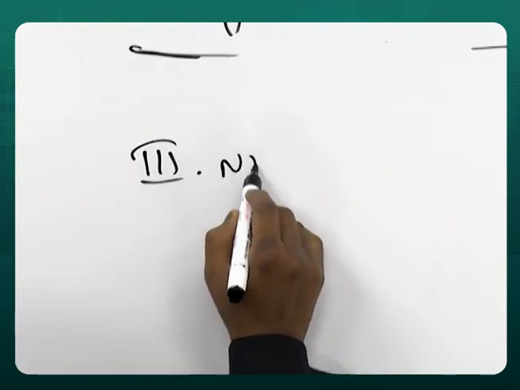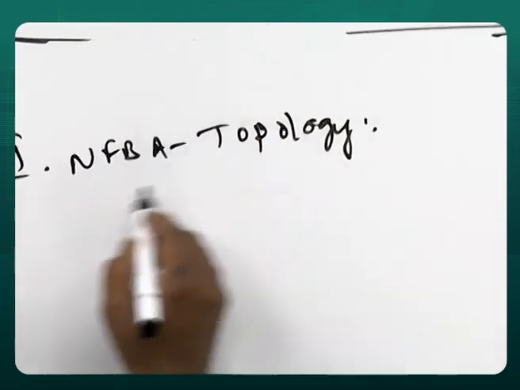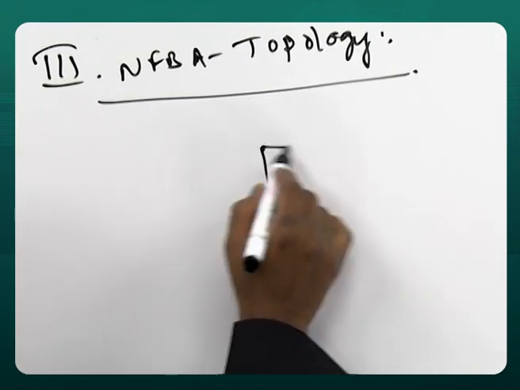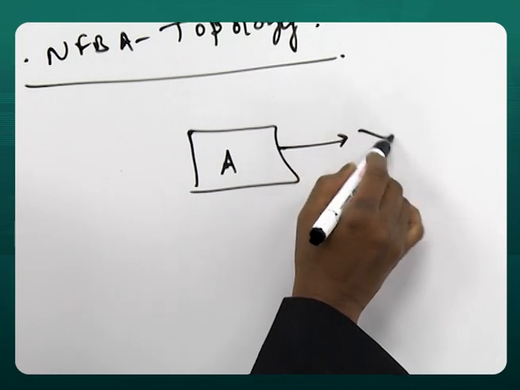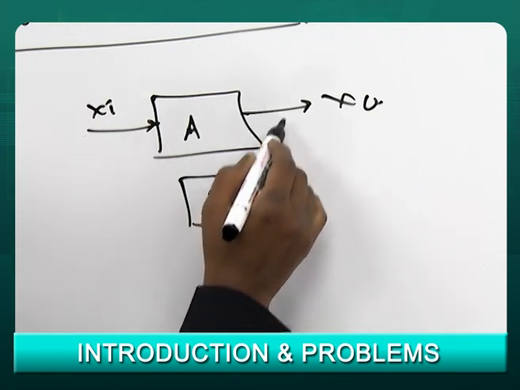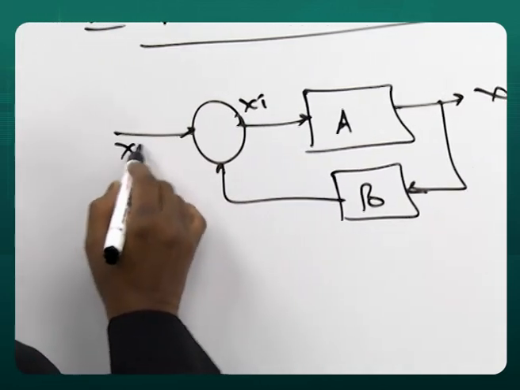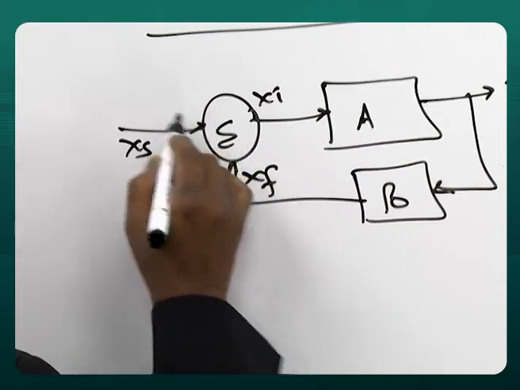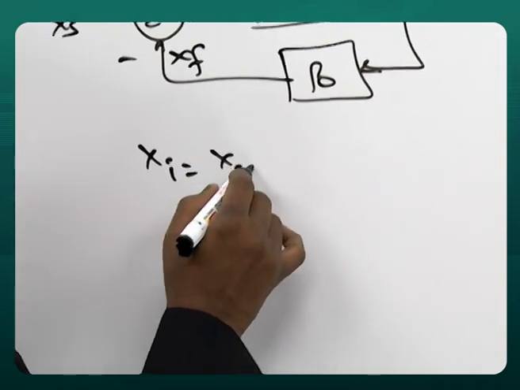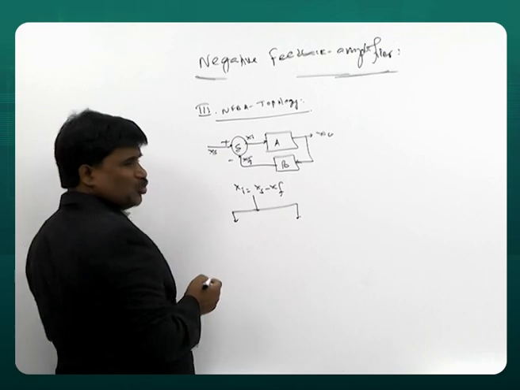Third point, negative feedback amplifier topology. Topology means arrangement. Look at this basic thought. This is A, X naught, Xi, beta, XS, XF. So what is Xi? XS minus XF. There are two possibilities.